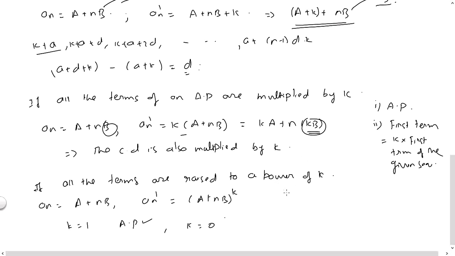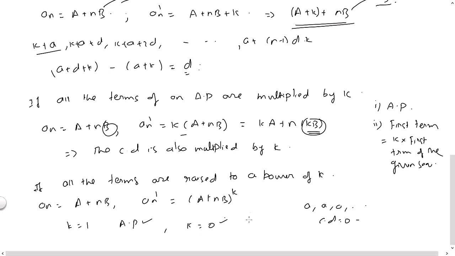Yes, they are in arithmetic progression where the common difference is equal to 0. You should understand that if there is a sequence of the form a, a, a and so on, then the terms are in arithmetic progression with a common difference of 0. So even for k equal to 0, the terms will be in arithmetic progression.